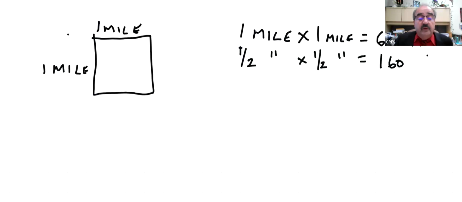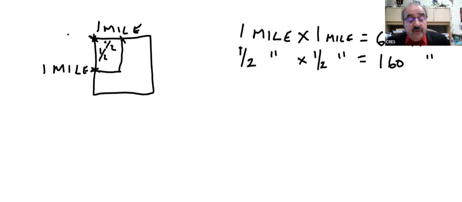Let's go back over to our section, 1 mile by 1 mile. From here to here is a half mile. From here to here is another half mile, which only gives me 1/4 of a section.